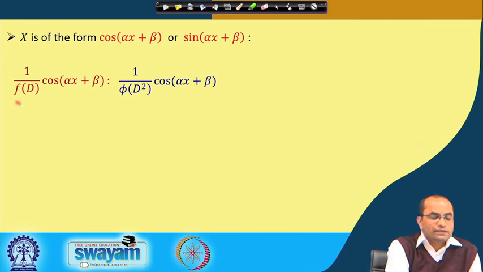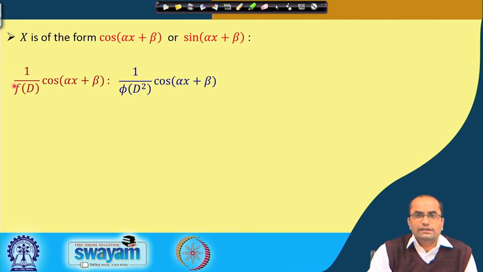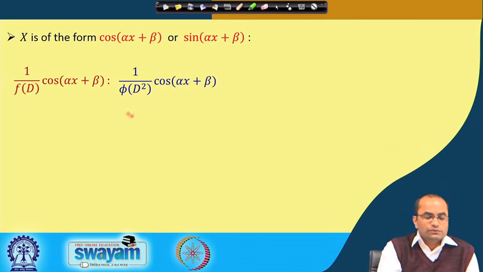This may not always be possible, and there is a way out to handle the case when f of d is not given in terms of d square. We will learn that with the help of examples, but let us first go through these results.